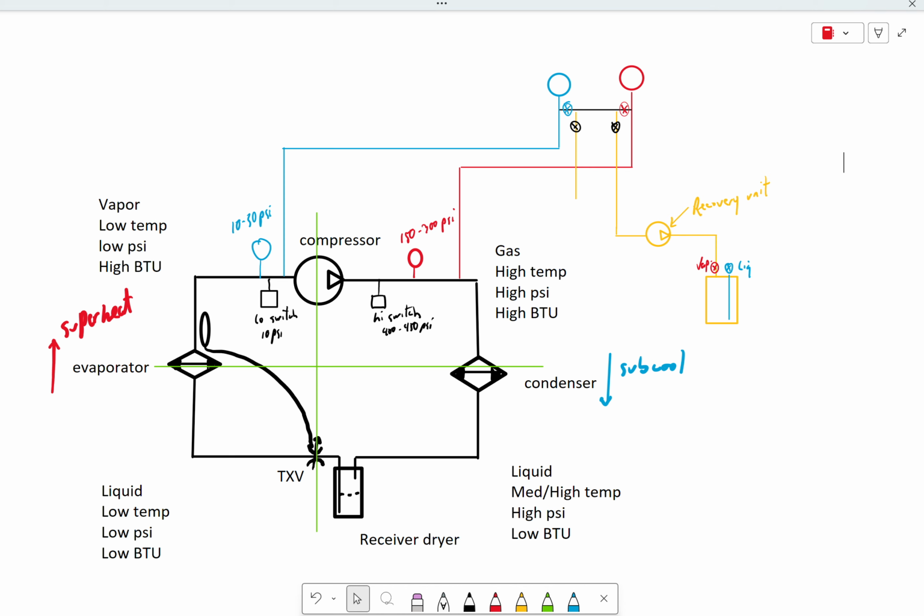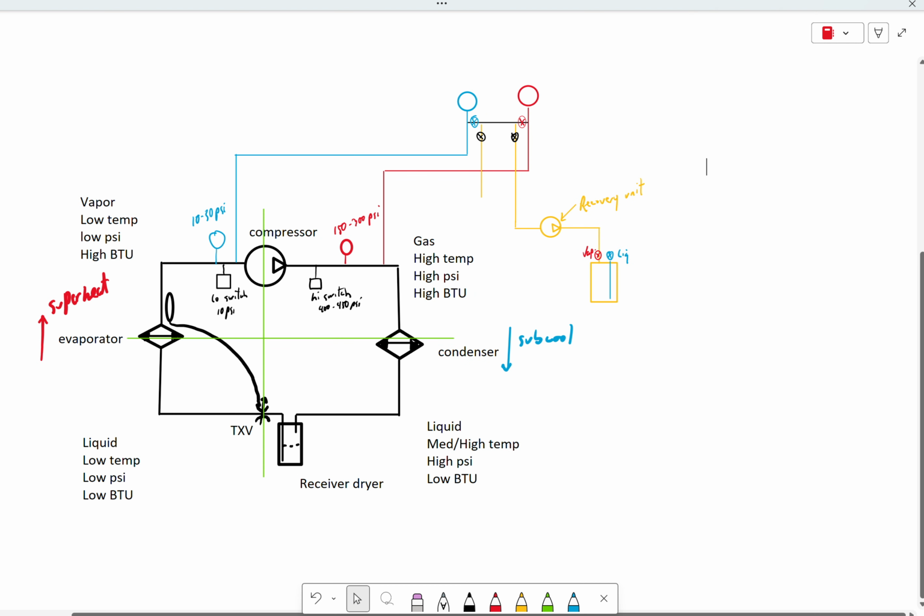I would argue that a pressure test is probably the next thing that we should do. What's interesting is sometimes a machine will hold under pressure, but it won't hold under vacuum. Or sometimes it'll look okay under vacuum, but it won't hold under pressure if it's got a small pressure leak. So I would argue that doing both is best practice.